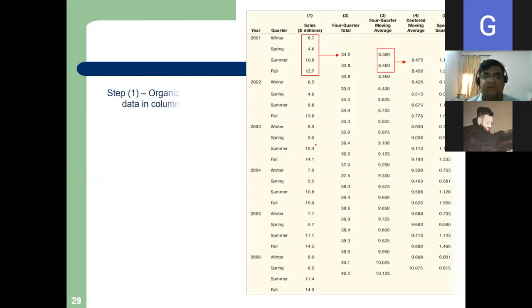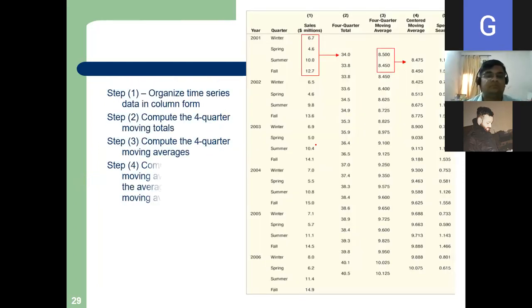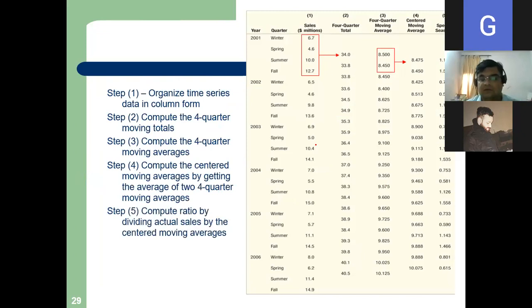So, can you see my screen? Yes, sir. Okay. So this is the format, how we calculate. I will explain this table. First of all, just have a look at the data. I have taken the same data.